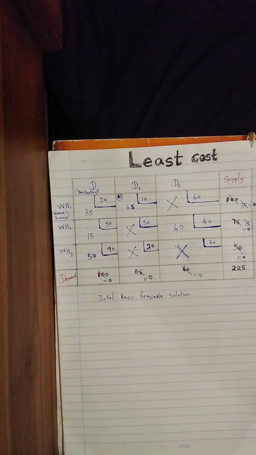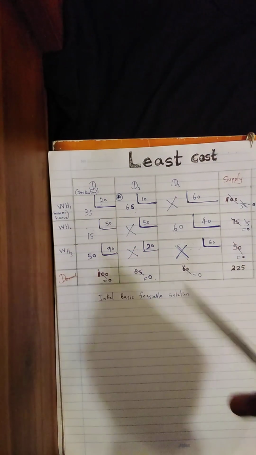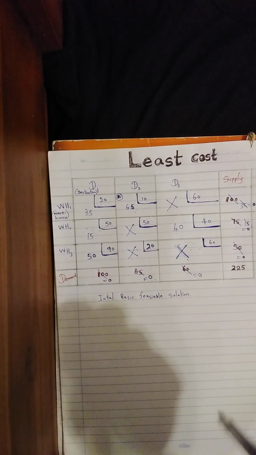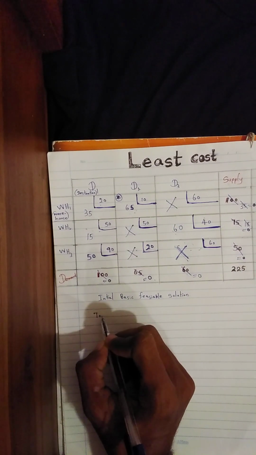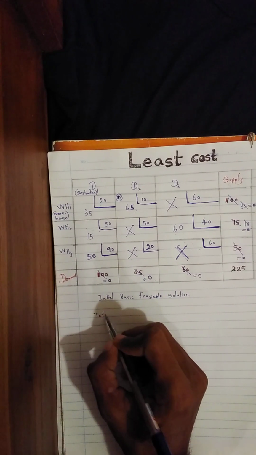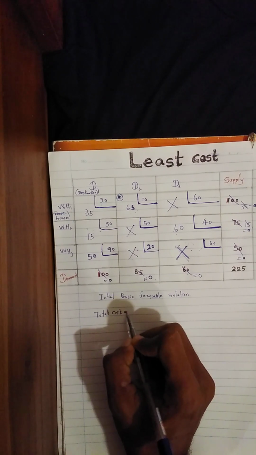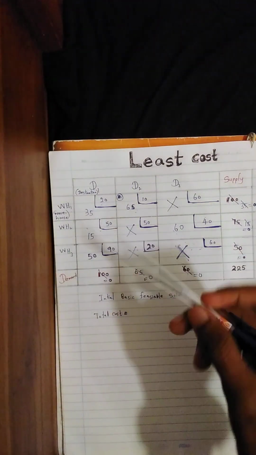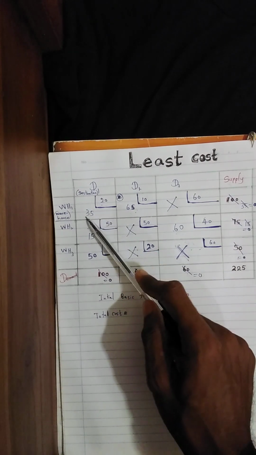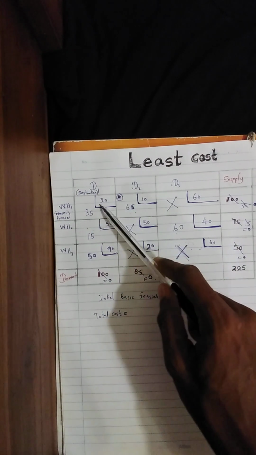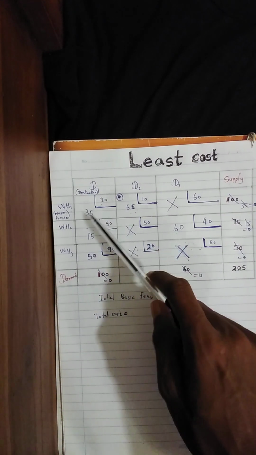Okay, now I think you are all clear about the table. Now you have to find the total cost. The total cost means 35 units multiplied by the per unit transportation cost.